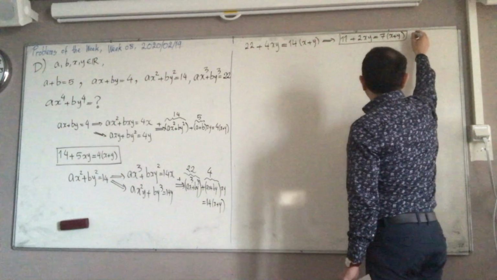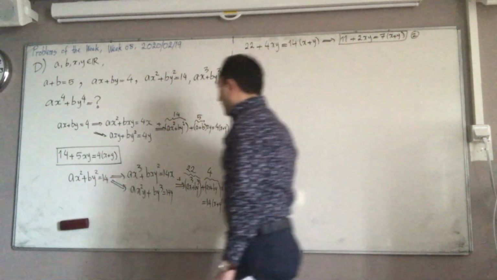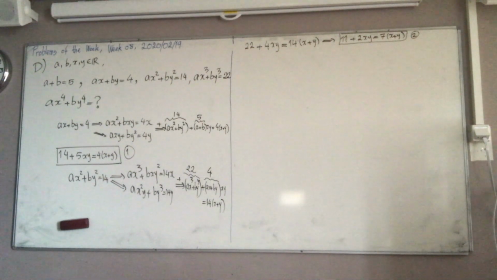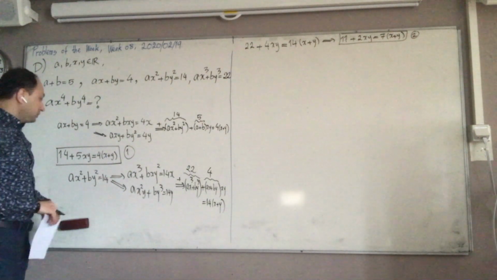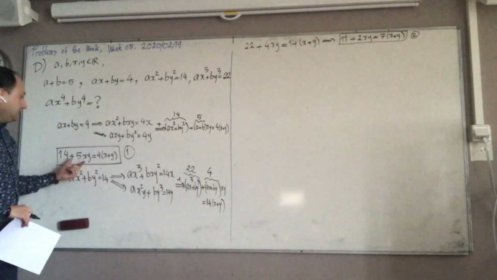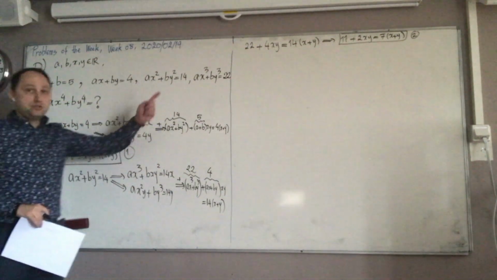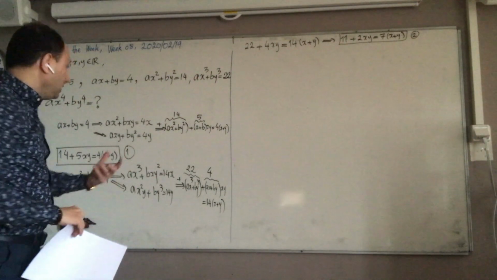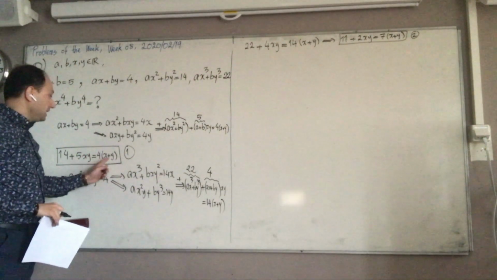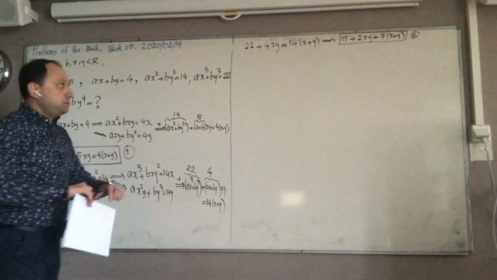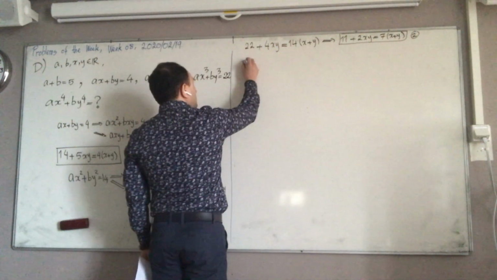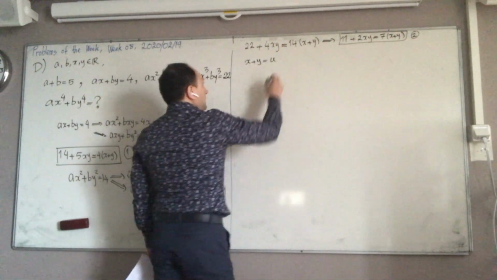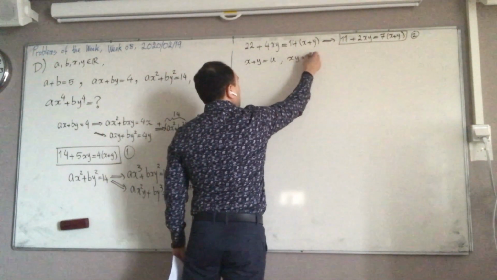Now look here. I will call this one number 2, and I will call this one number 1. So if you broaden your perspective, you immediately see that 1 and 2 will form a system of equations for me, but my unknowns are xy and x plus y. So it might motivate you to give them a name. x plus y, I call it u, for example, and xy, I call it v.